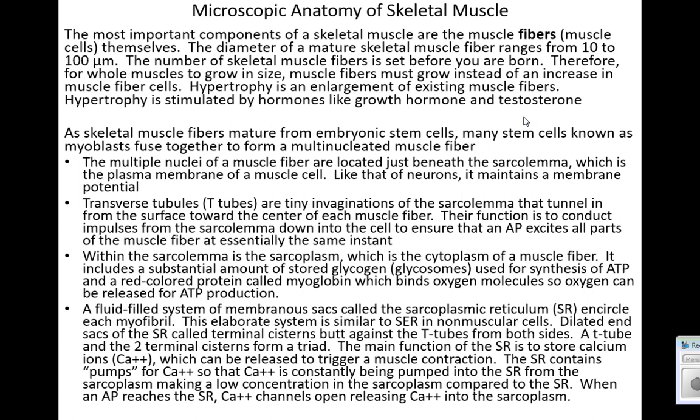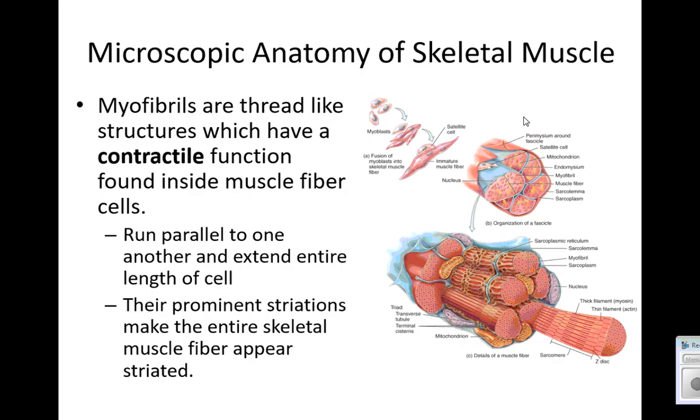The same thing happens in muscle fibers. When an action potential is generated in a muscle fiber, it's going to spread throughout the outside of the cell along that sarcolemma. But within the muscle fiber are the actual organelles that do the contracting.